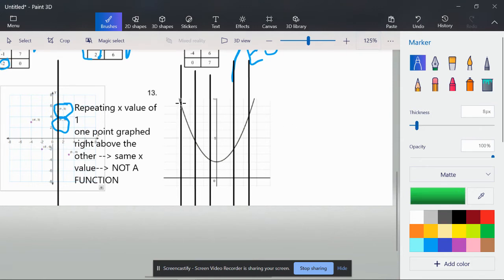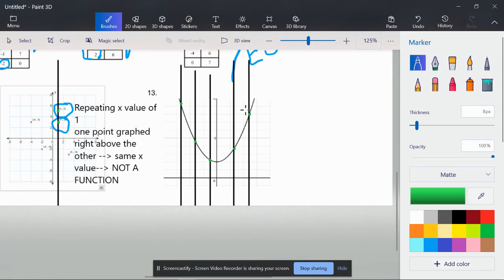This vertical line crosses my graph once here. This vertical line crosses my graph once here. This vertical line crosses my graph once here, and just once here. Whereas if we went back over here, we had it cross once here and here. So this graph crosses our line twice, which means it fails the vertical line test.